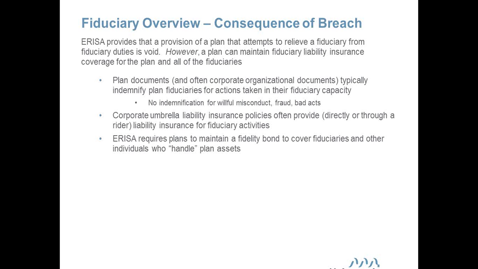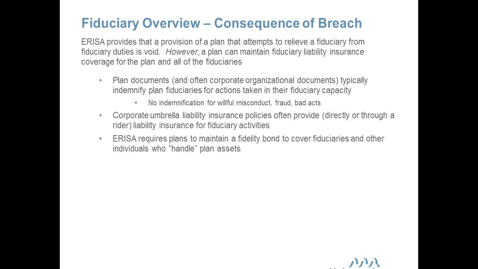Otherwise, you can get additional liability insurance policies through a rider. And ERISA requires plans to maintain a fidelity bond, as I mentioned, for people who, quote unquote, handle plan assets. Handling plan assets is specific to, for example, the fiduciaries of the plan, say the board of trustees or the committee members.